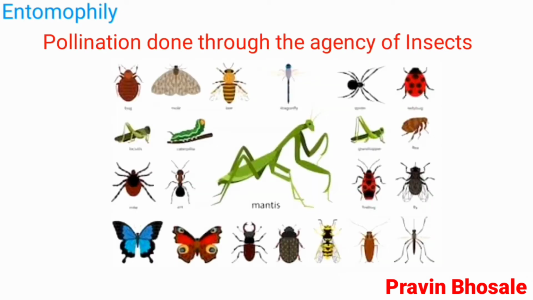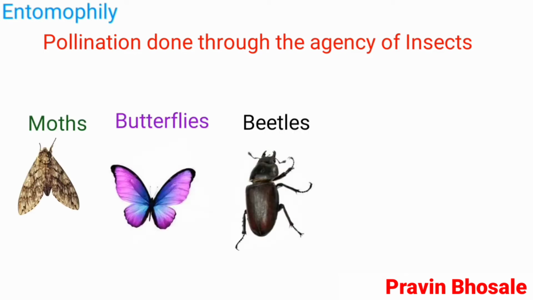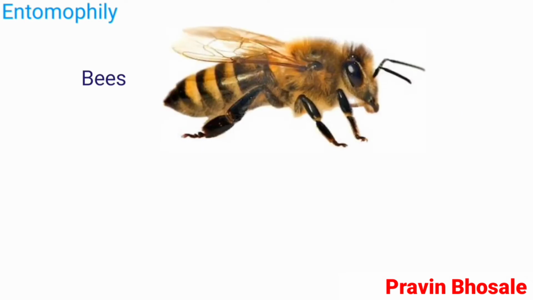Pollination done through the agency of insects is entomophily. Common insects which act as carriers in entomophily are moths, butterflies, beetles, flies, bees. Bees are the most common agent, and nearly 75 to 80% of total insect pollination is achieved with the help of bees.